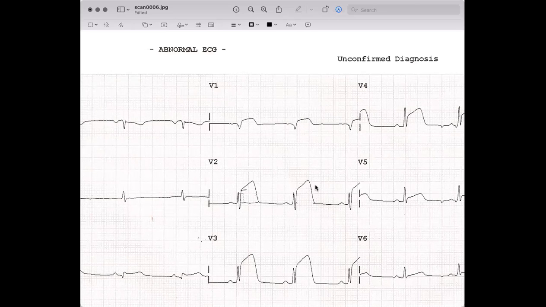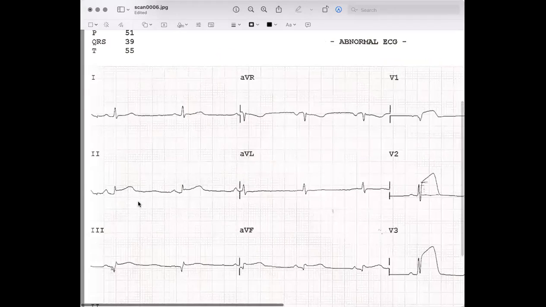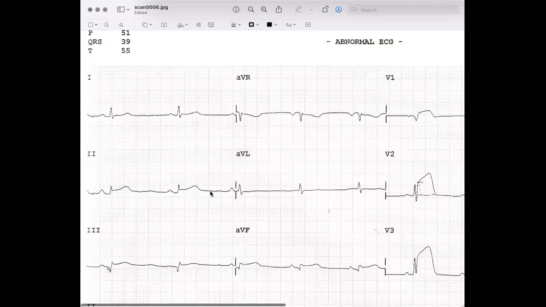Big, dramatic elevation, right? The same goes here. Here's the TP segment, and this is the elevation. It's subtle, not like here, but there is ST elevation, you're right.